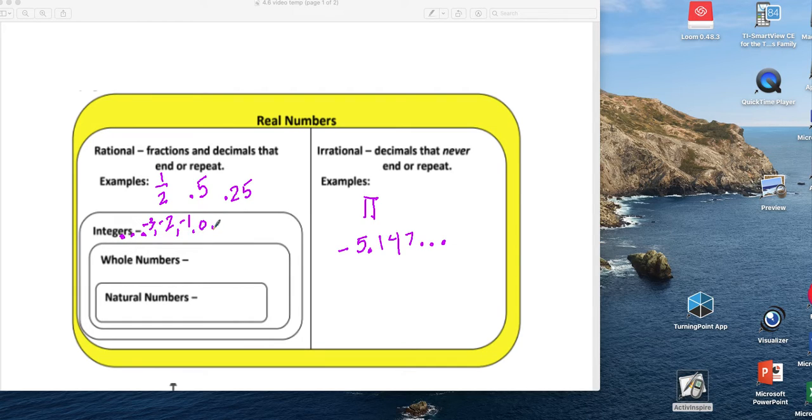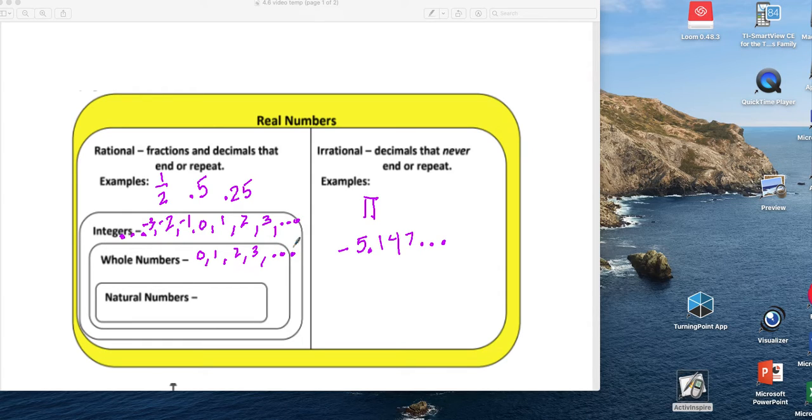And then they have all the positives on this side. Whole numbers are also integers, but the difference is whole numbers don't have any negatives. So whole numbers start with 0, and then 1, 2, 3, and so on. They go on forever at this end.